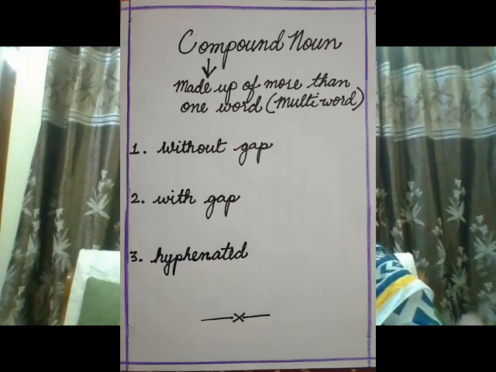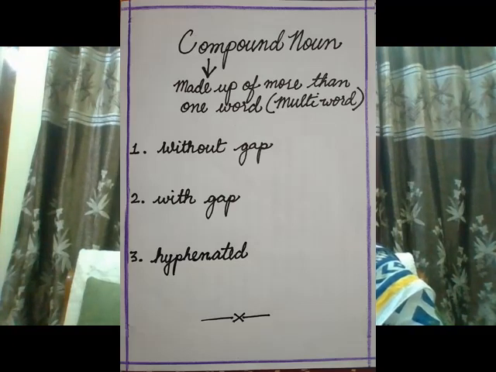First one is without a gap. Then the second one is by giving gaps in between the words. Then the third one is hyphenated. Hyphen is a kind of mark, a kind of dash which we put between the words, and then the words are taken together as a single unit, like mother-in-law.